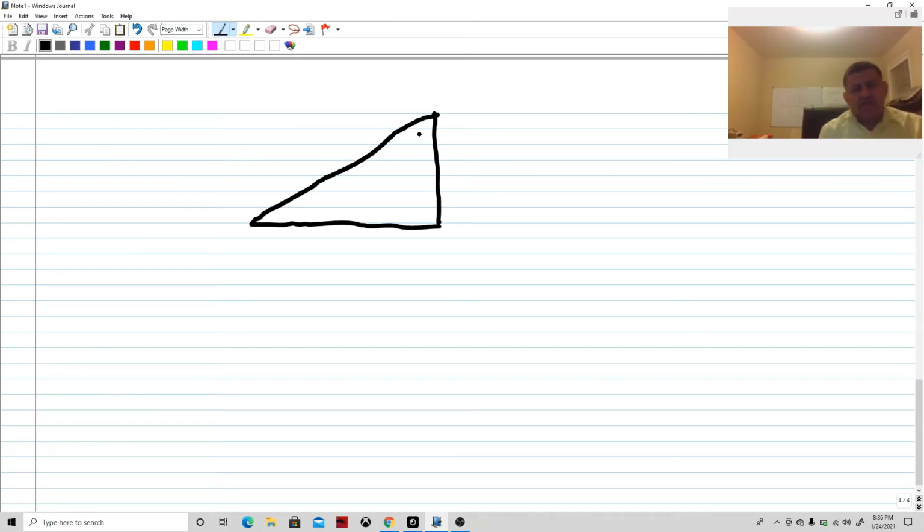Say, for example, that you have this angle theta, right? And here we got the little square for the right triangle, right? And here we have theta.